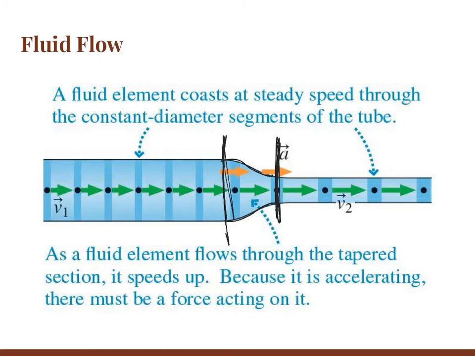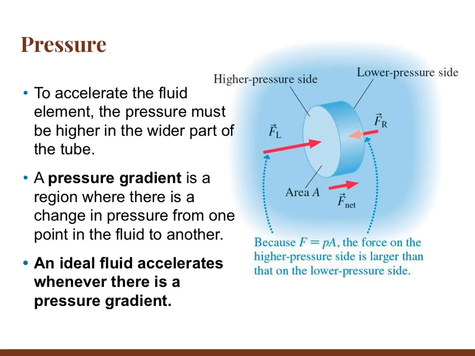And you should know from Newton that if something is accelerating, it has to have a force acting upon it. So we're going to examine here the forces acting on a fluid in that little area of transition. So an idea that you should know, and I actually haven't explicitly stated, so I'll state it now, is that things move from high pressure to low pressure.